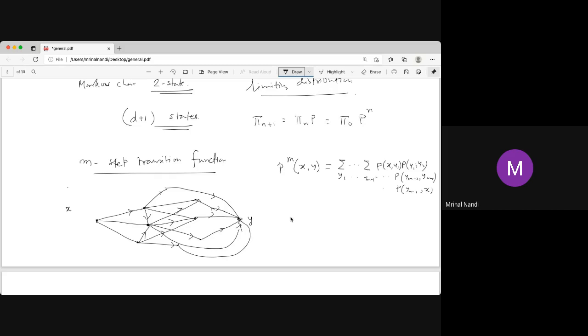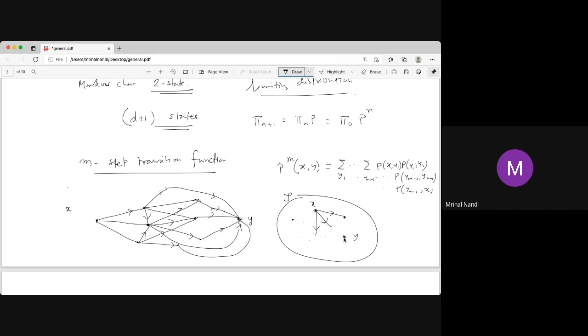And in a graph, you know what a graph is? There are some vertices. Vertices are the state space, and there are connections. A connection means there is a positive transition probability; that will be an edge. To go from x to y, we need a path of length m.